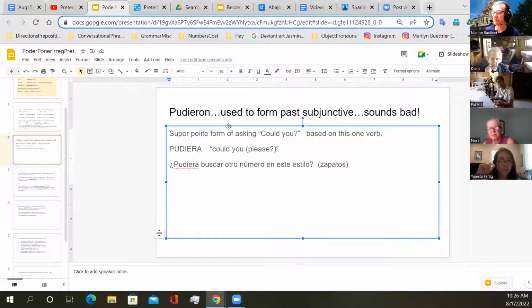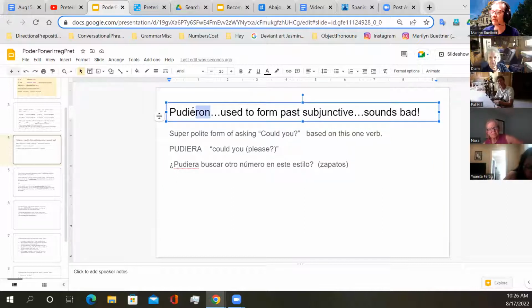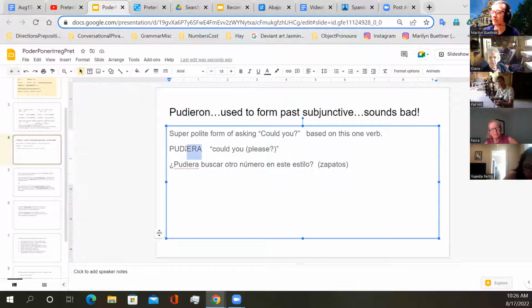And you don't need it all the time, but it kind of helps to know that this is the form that this comes from. Okay.